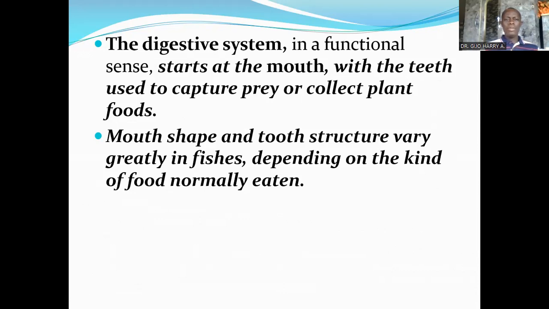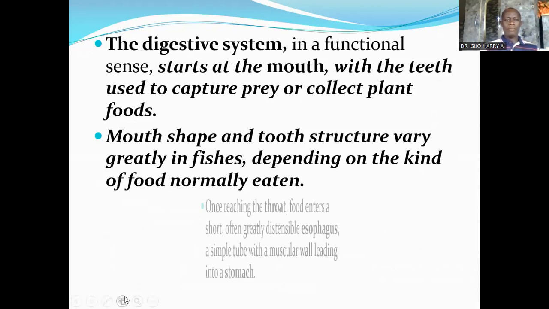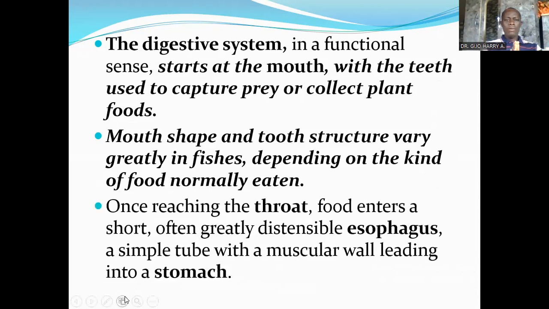Mouth shape and tooth structure vary greatly in fishes depending on the kind of food normally eaten. Now I want to look at the process of how the food goes and how it's digested.